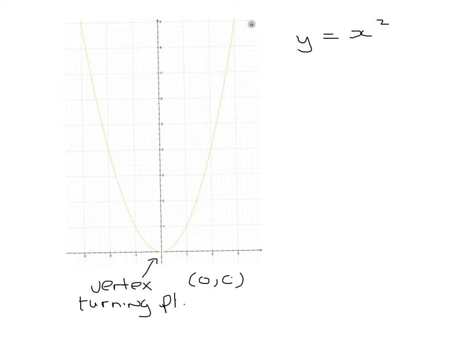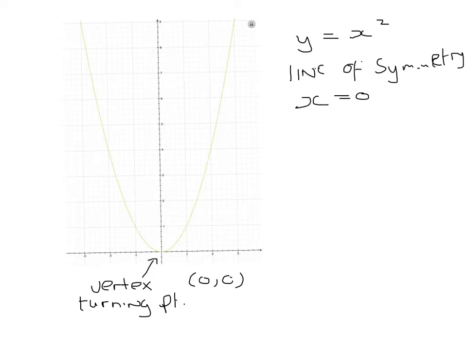The next thing to look at is the symmetry, and we can see here the symmetry is down this line. Okay, so the line of symmetry is the line x equals 0. That's your line of symmetry.